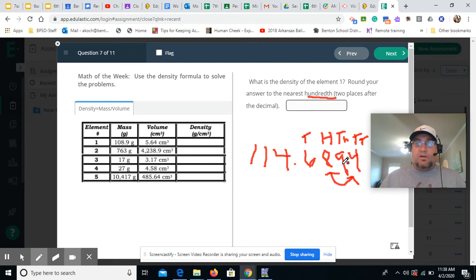All right, is this 5 or above? Right? It's above, so that means this is going to round up, right? Which means that 8 is going to turn to a 9. Right? And then the answer would have been 114.69. That is not the answer to this.